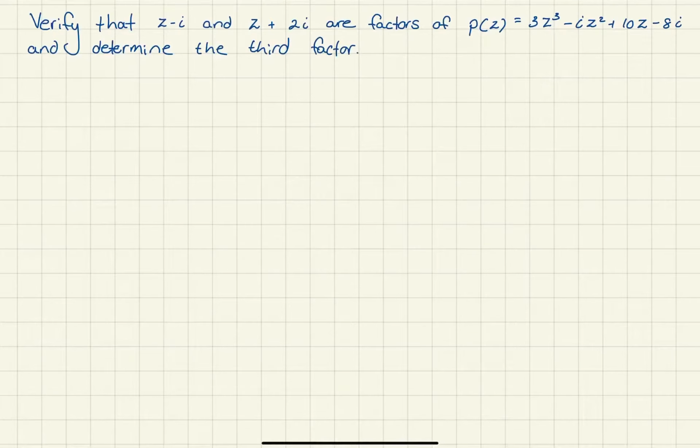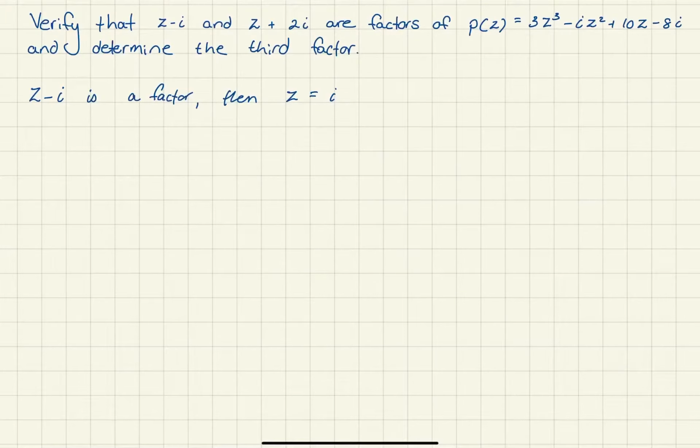Alright, so like I've done in the previous one, I'm going to look at if z minus i is a factor, then z equals i, or i would be a root, right?